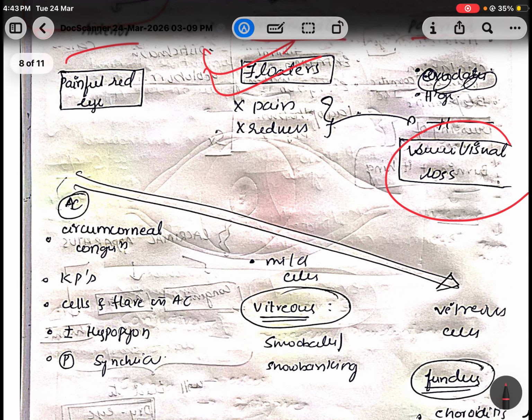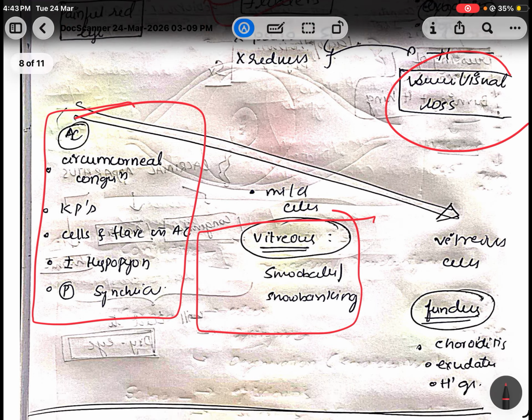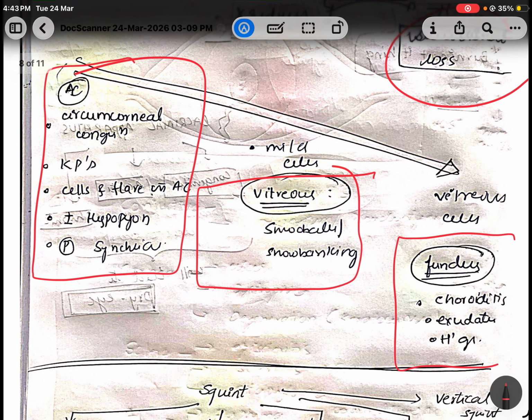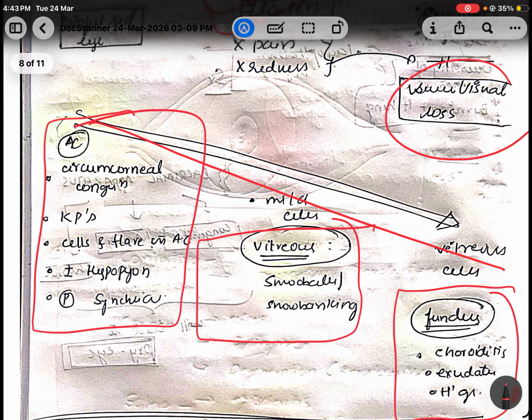Then the major thing, it's an anterior uveitis. So anterior chamber is something which you need to examine very well. In intermediate, vitreous is something which you need to examine very well. In posterior, you need to examine the fundus. Okay, see this line. You can write about everything, but these have to be boxed or highlighted, is what I am saying.